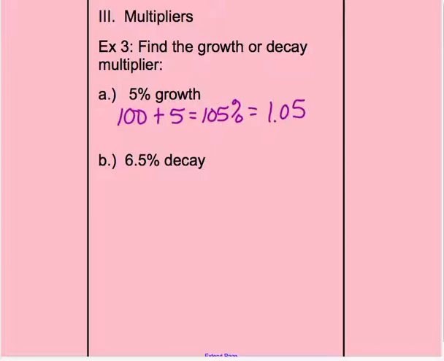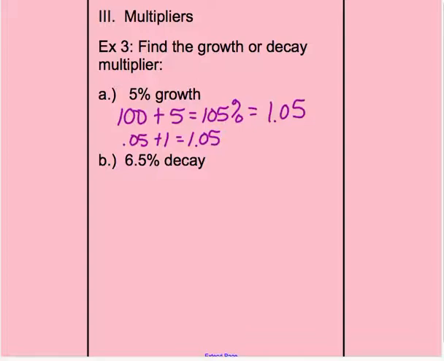You have to have it converted to a decimal. The vocab actually had it as convert your percent to a decimal first, and then add it to 1. So you can think about it either way. Some of you might have an easier time thinking about adding your percentages together first.